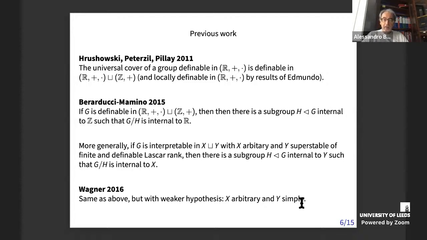So you have at least two non-trivial examples of groups definable in two sorts: the rational torus and these covers of groups. So then things become complicated. Can you classify these groups definable in two sorts?